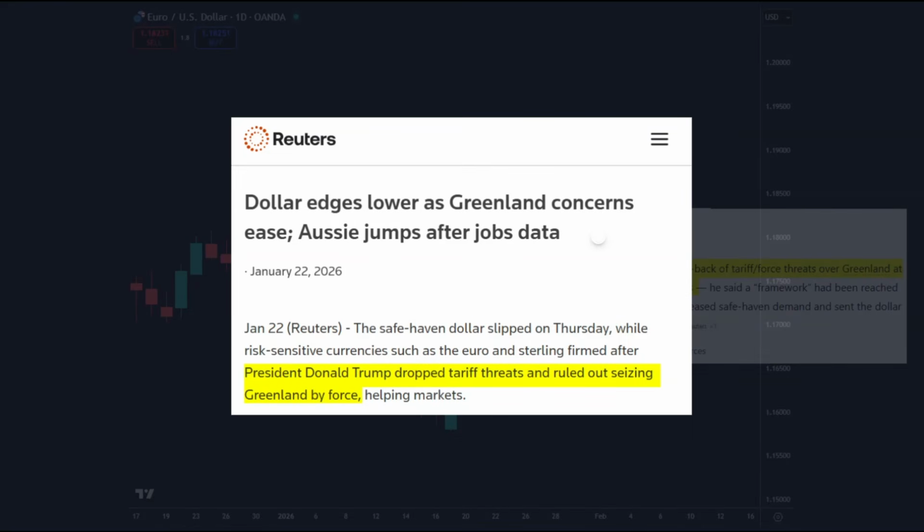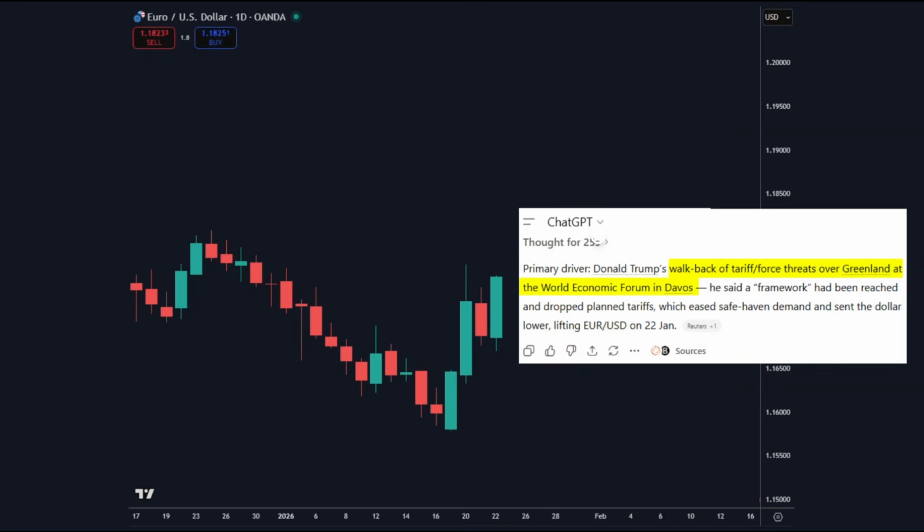You can use this article to get a bit more context, but the point is, I can confirm this is exactly what happened on that day. Trump walked back a threat on Europe to impose tariffs, to pretty much annex Greenland.